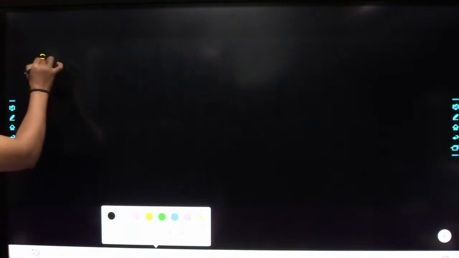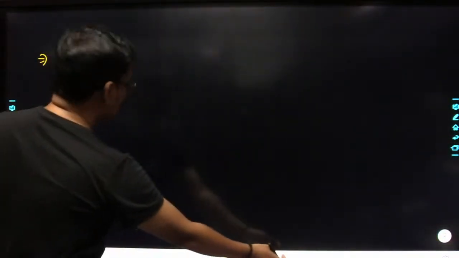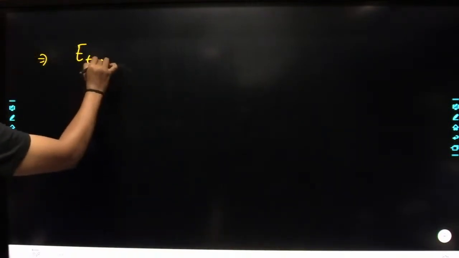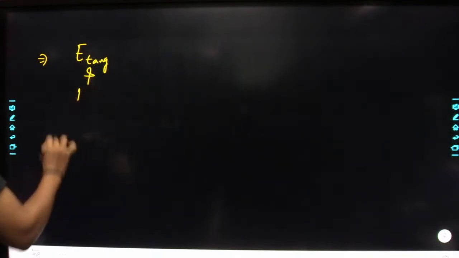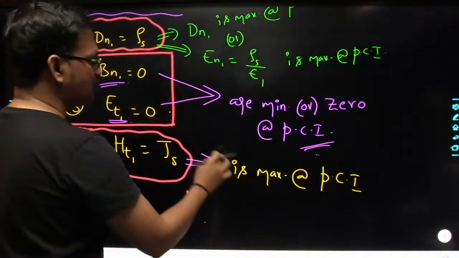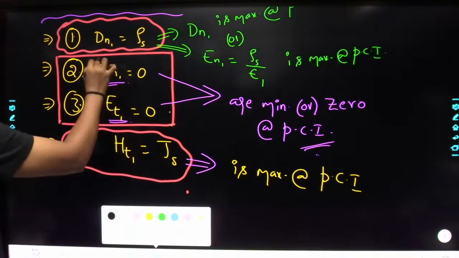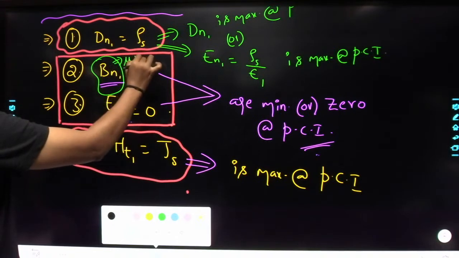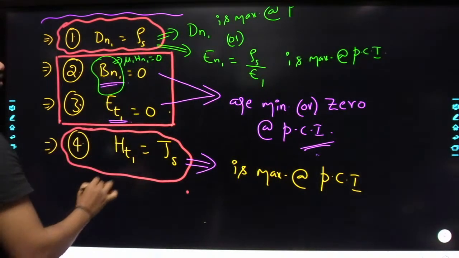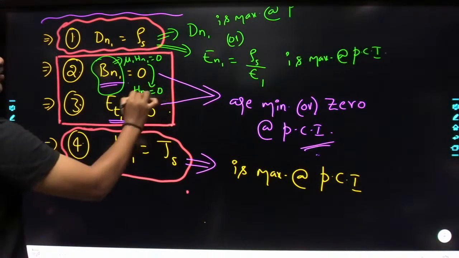So I can make some conclusion here: the tangential component of electric field and the normal component of magnetic field. Here Bn1 means mu1 into Hn1, which is equivalent to 0. So from here I can write Hn1 is equivalent to 0.